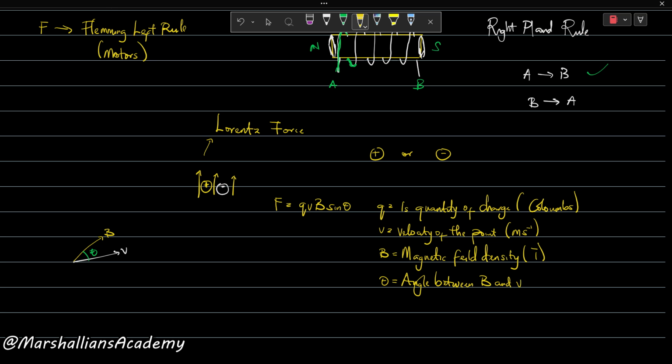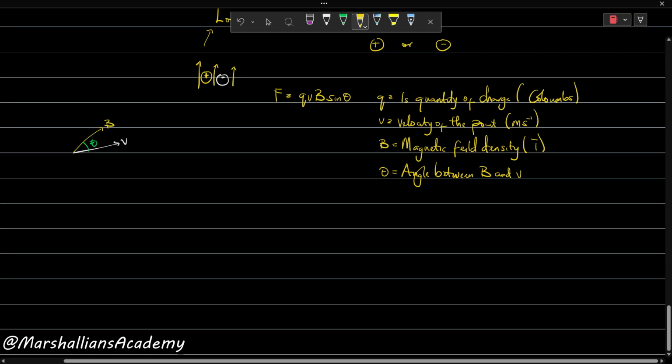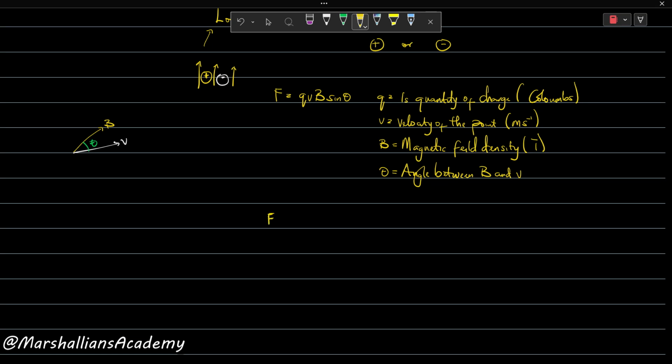That's quite easy. What if I put a current carrying conductor in a magnetic field? Yes, it also experiences a force too. So still the Lorentz force, but now the Lorentz force that the conductor or the wire would experience is going to be equal to ILB sine theta.